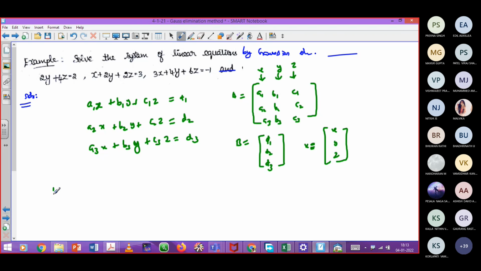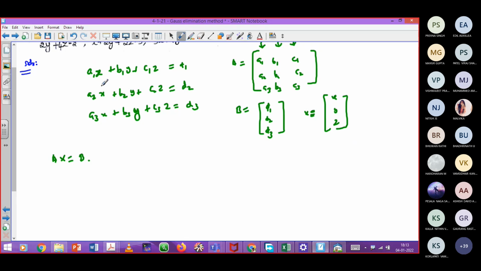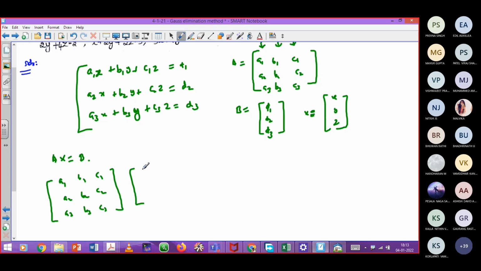Now if we apply this pattern, you should get back the same system of linear equations. You write the matrix A: a1, b1, c1, a2, b2, c2, a3, b3, c3, then the X matrix, x, y, z, equal to B, that is d1, d2, d3.